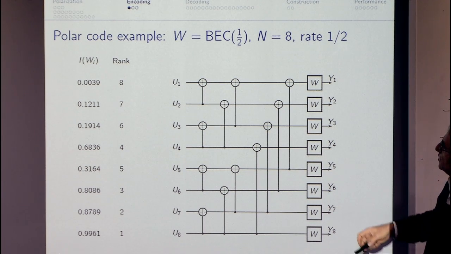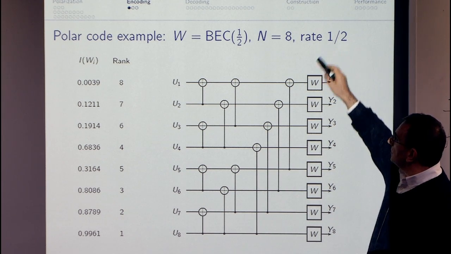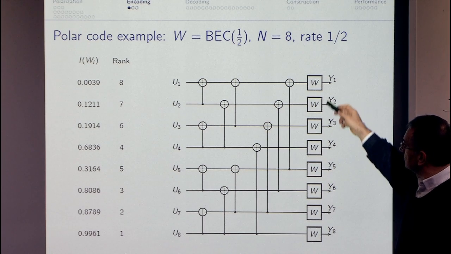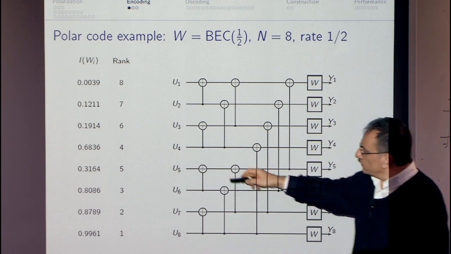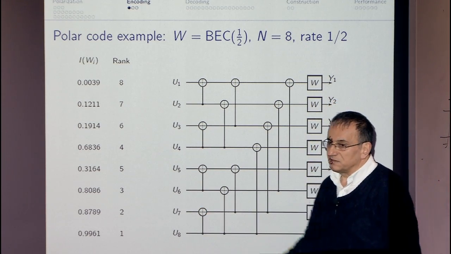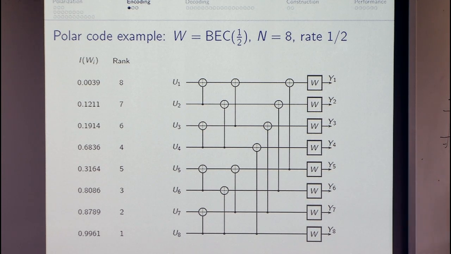We would like to send data at a rate of 1/2, so we are going to be encoding 4 of the inputs here. We will be sending 1 bit across 4 of them, and then we'll be freezing the remaining 4. This one has very small capacity, so we freeze its input.